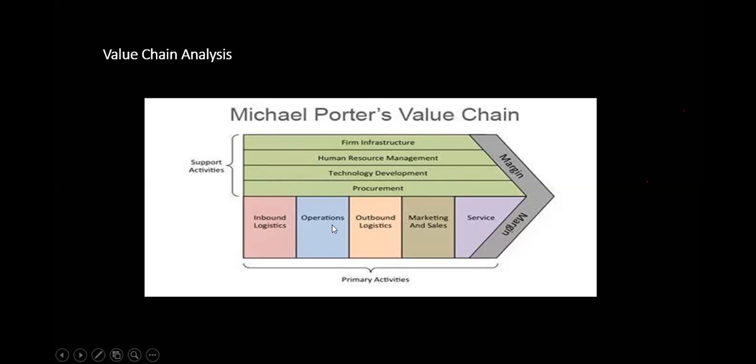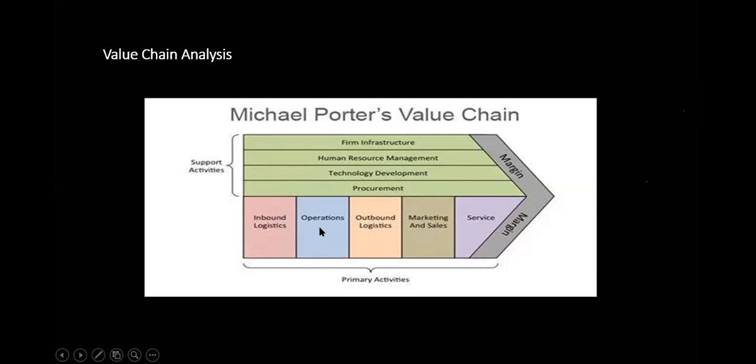For example, when you take operations, you can identify product designing cost, machine cost, and packaging cost. I'm just taking a simple example. Likewise, each activity you can divide into sub-segments.